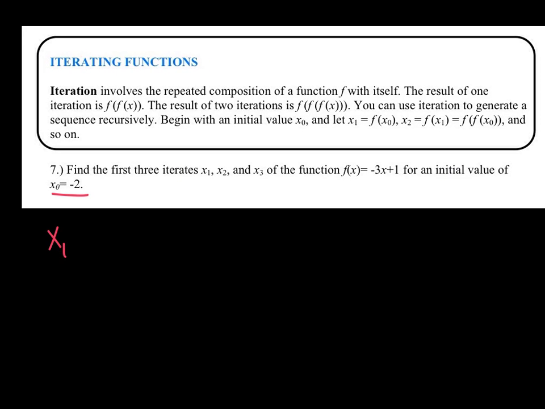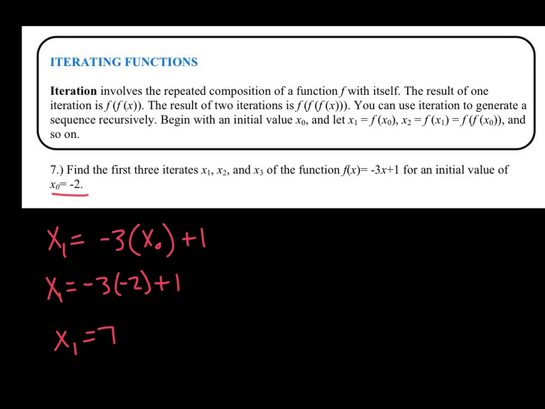So x sub 1, guys, is just going to be negative 3 times whatever x sub 0 is plus 1. So in this case, x sub 1 is going to equal negative 3 times negative 2 plus 1. Negative 3 times negative 2 is 6, so x sub 1 equals 7.